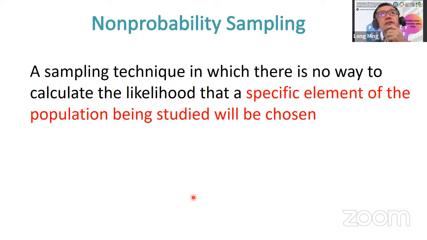The second one is non-probability sampling. On the contrary, in non-probability sampling, there is no way, or very little chance, for you to find out the percentage chance of a certain individual or part of the population being chosen as the sample.